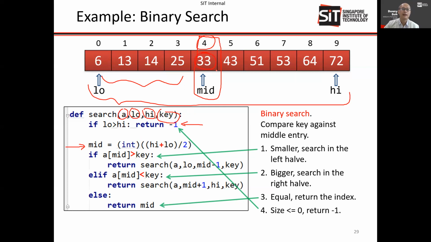If it is smaller than my key, I'll search this part. Okay, let's look at the first scenario where it is smaller. I search this part, the left part. So now my low remains the same. It is still 0. But my high will be shifted now to this point.